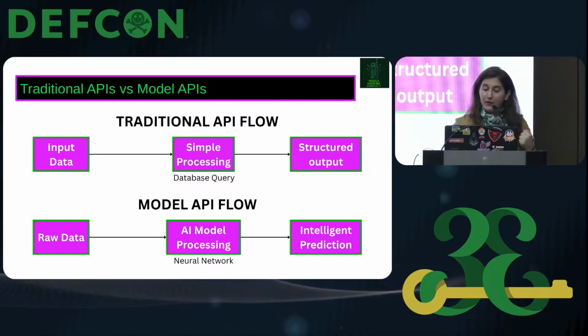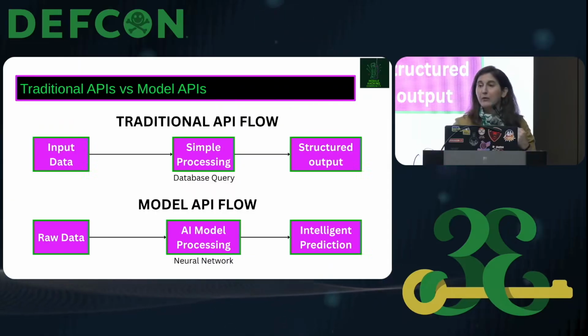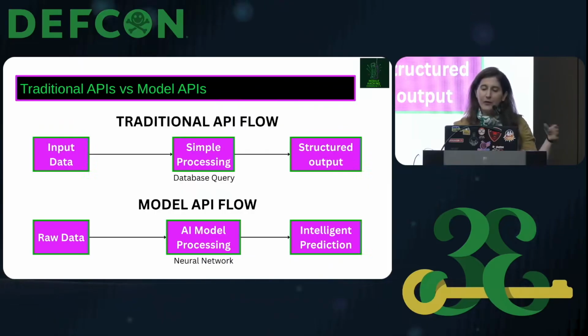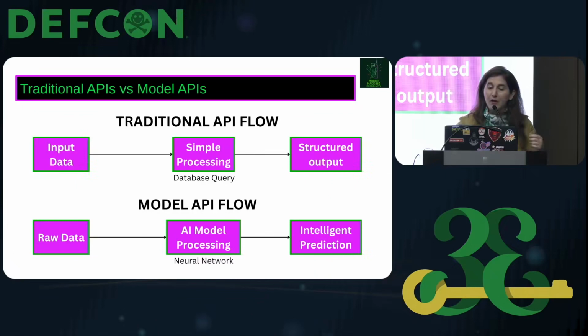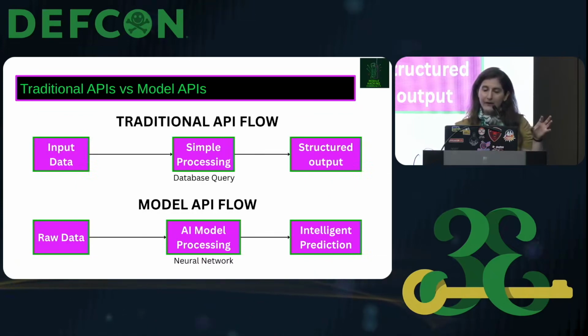Also, traditional APIs do relatively simple tasks, such as database lookup and data transformation. But model APIs run more complex tasks, and they use mathematical operations using neural networks. This leads to another big difference, which is resources.